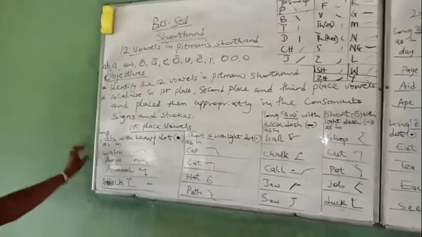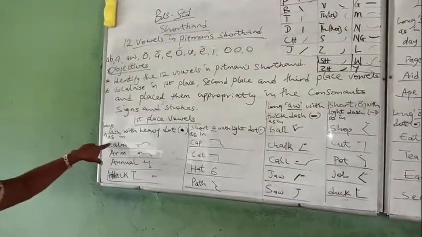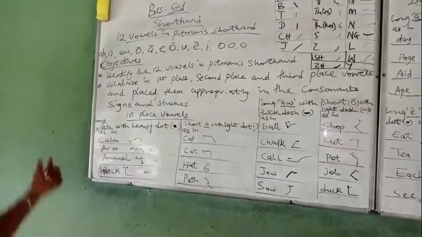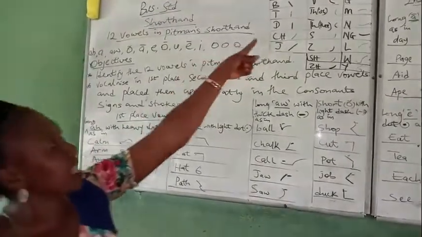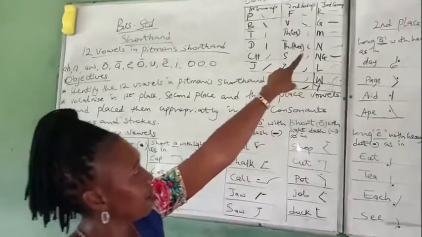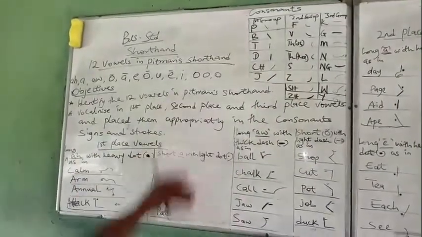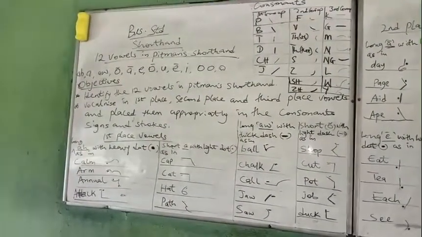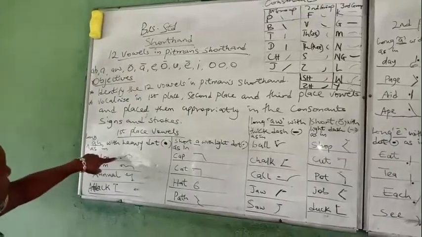Long as in calm. In this calm, remember from the consonant sound, K, third group, is represented by light stroke. That is the beginning now.